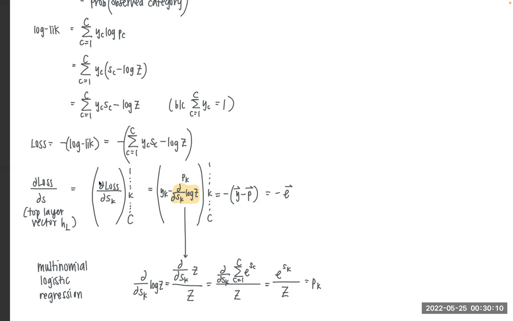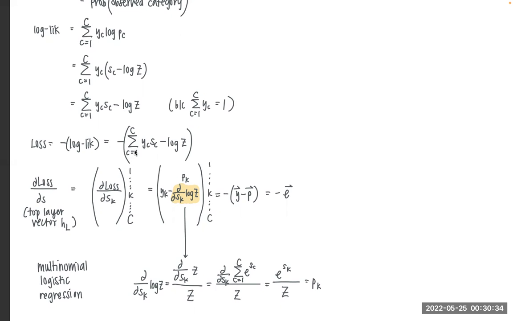So now let's look at the derivative with respect to s_k, that is the logit score for the k-th category or k-th word. Actually, we have a negative sign in front of it.